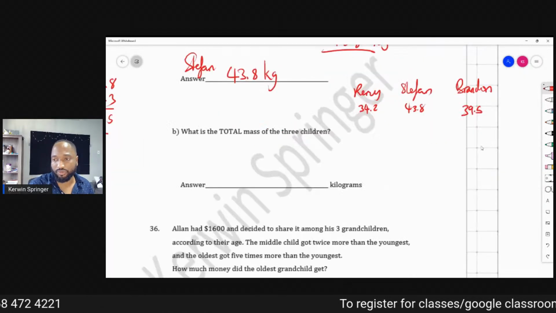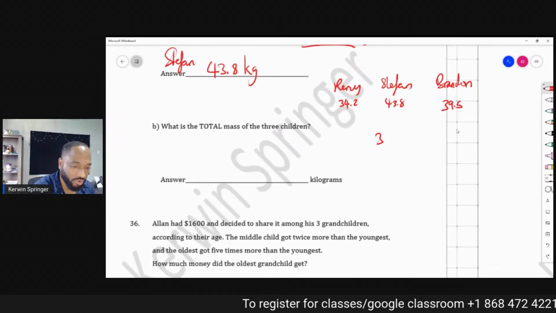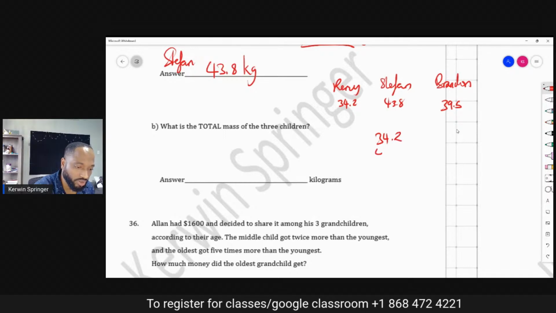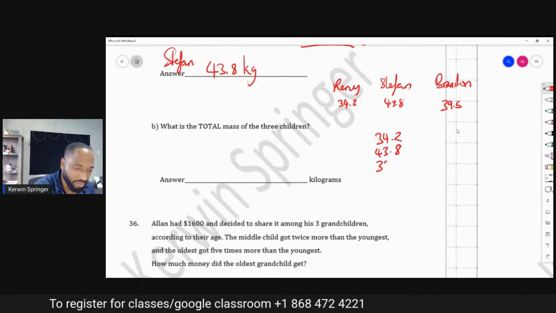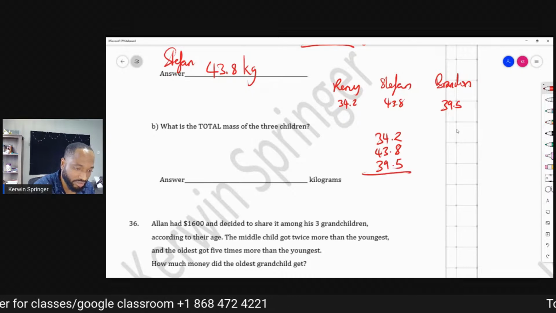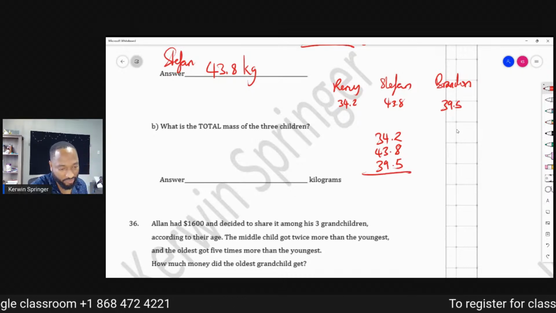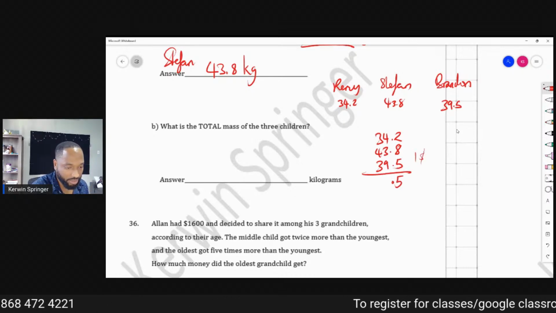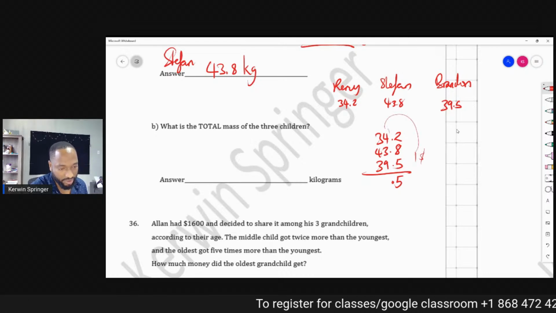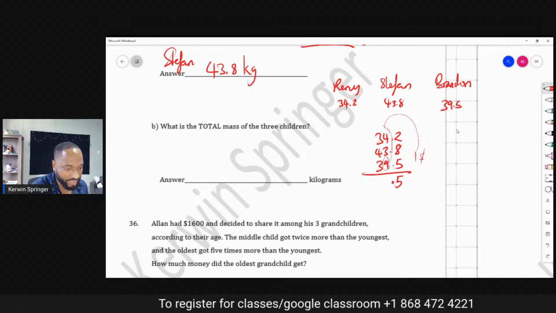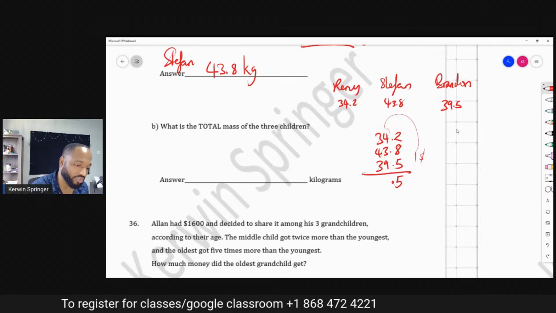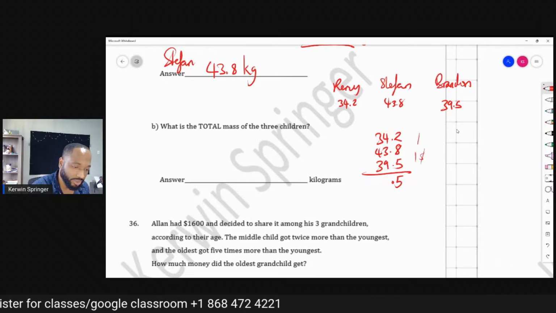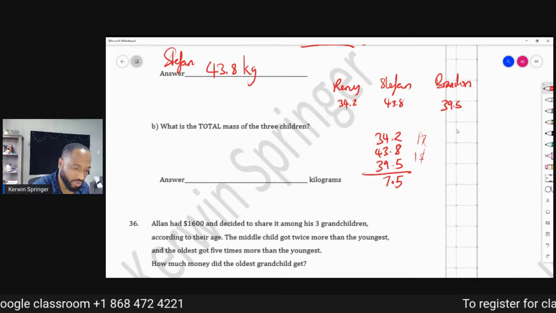What did you get when you add up everything? So you get 34.2, 43.8, 39.5. 2 and 8 make 10, and 5 is 15. Bring the 1 there. This 1 could go by this 9 and make 10, and then 1, 3, 17. So I have 17 here. The 7 will go there. 1 goes there.